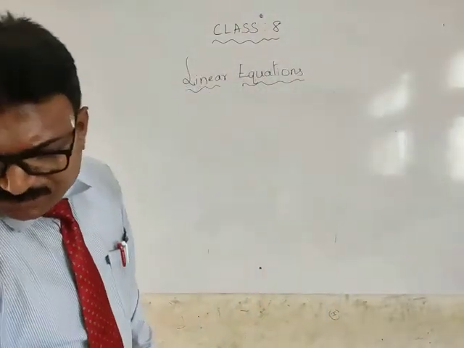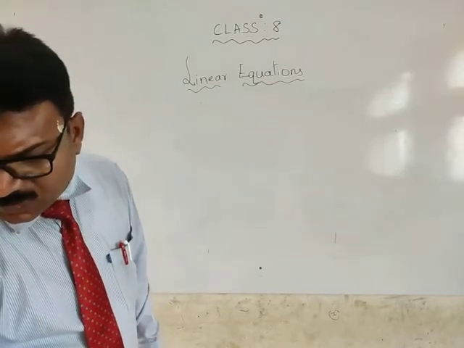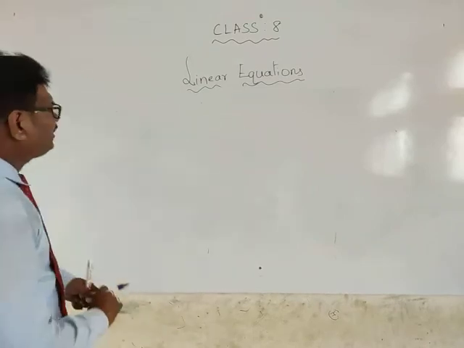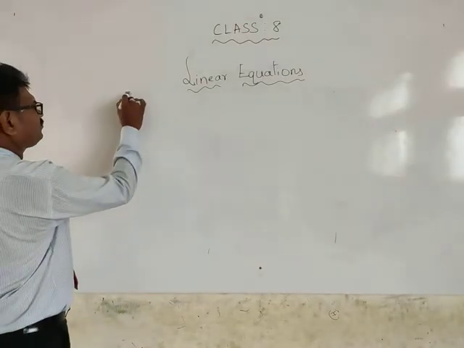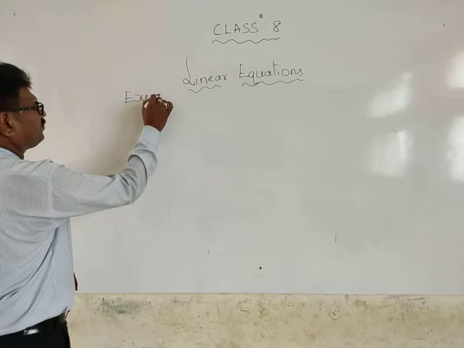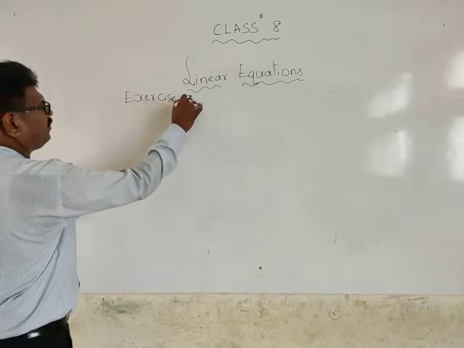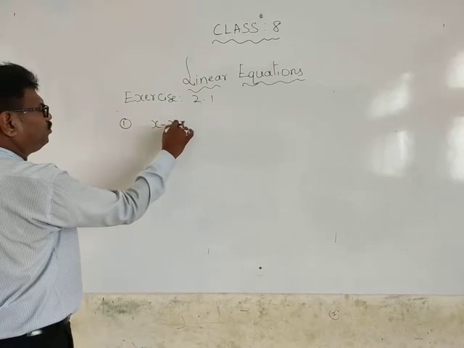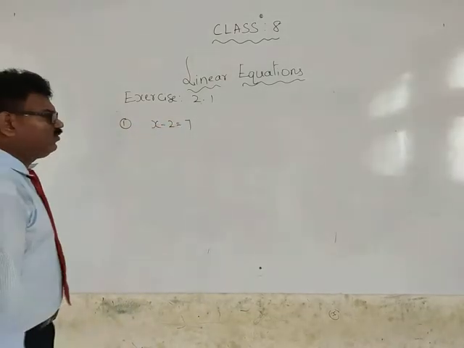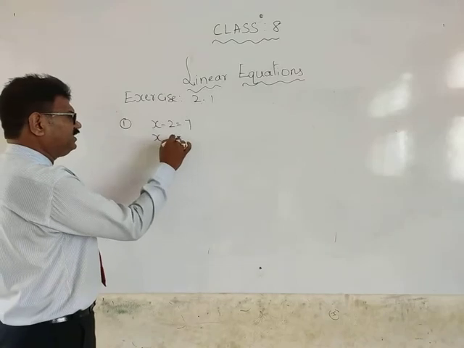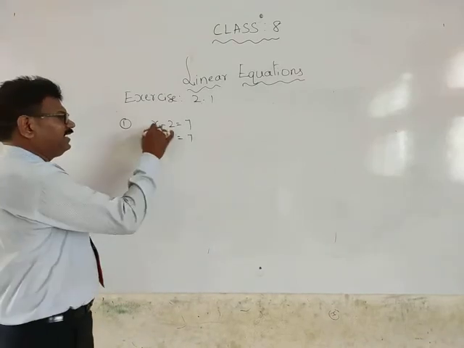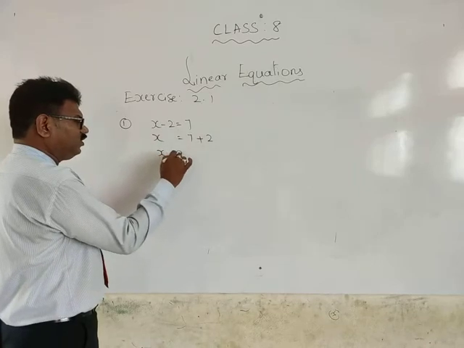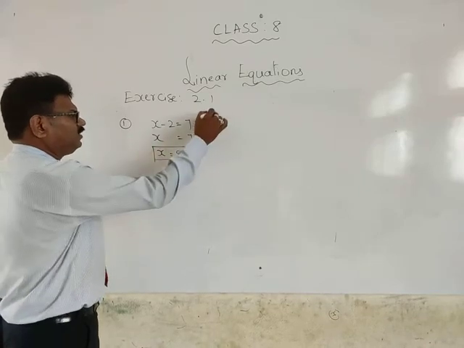Now the first problem: x minus 2 is equal to 7. Very simple, x as it is 7, minus 2 is there, if it becomes plus 2, therefore x is equal to 9.